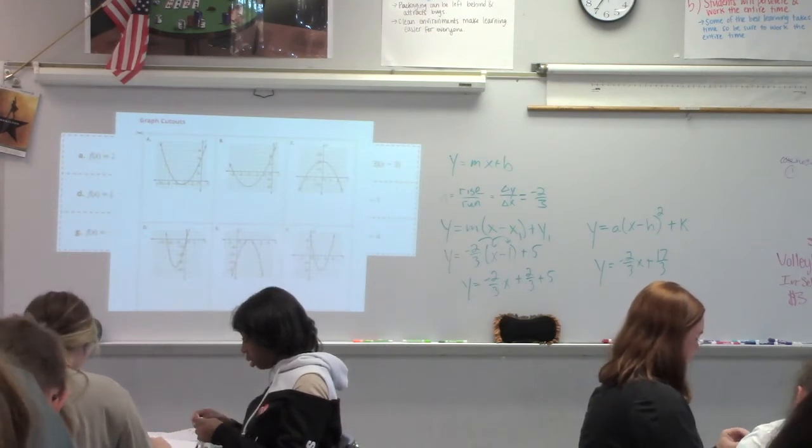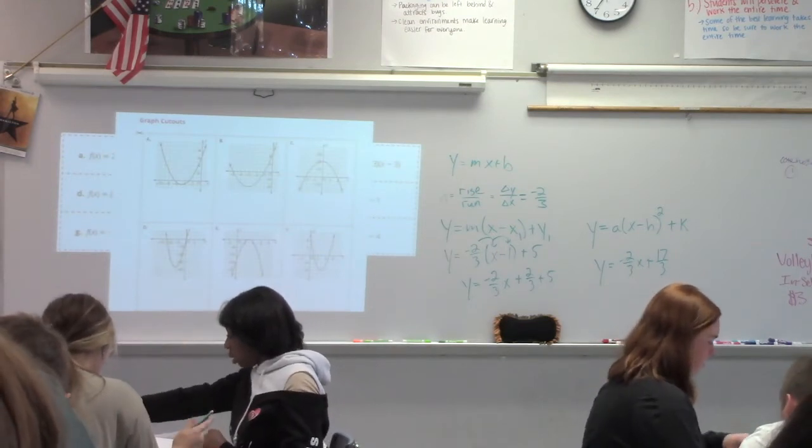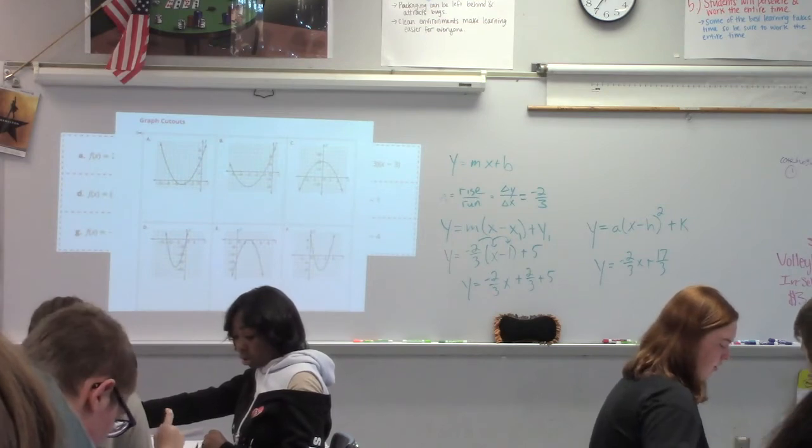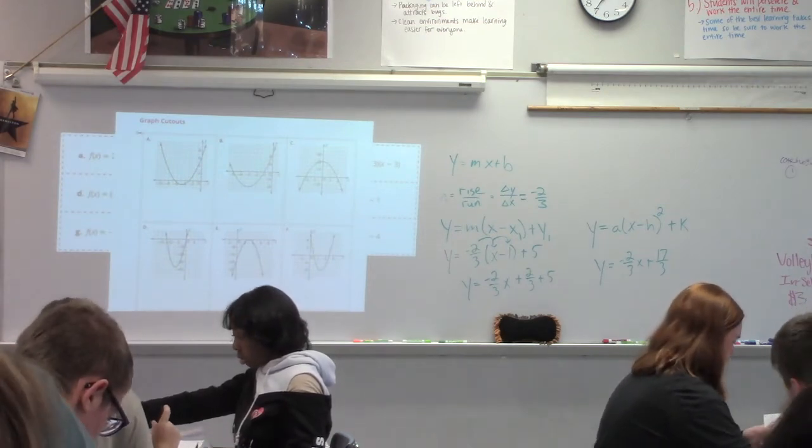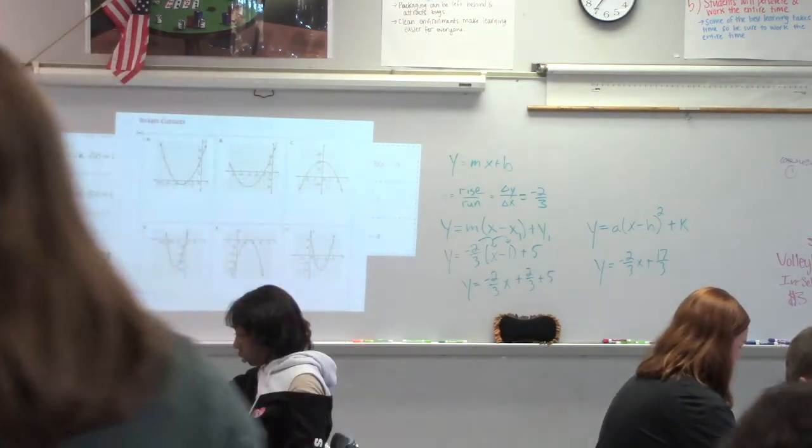Why don't we all look at our equation G right now, figure out which one it goes with, and then you just write your equation to the correct graph. Does that sound like a plan?